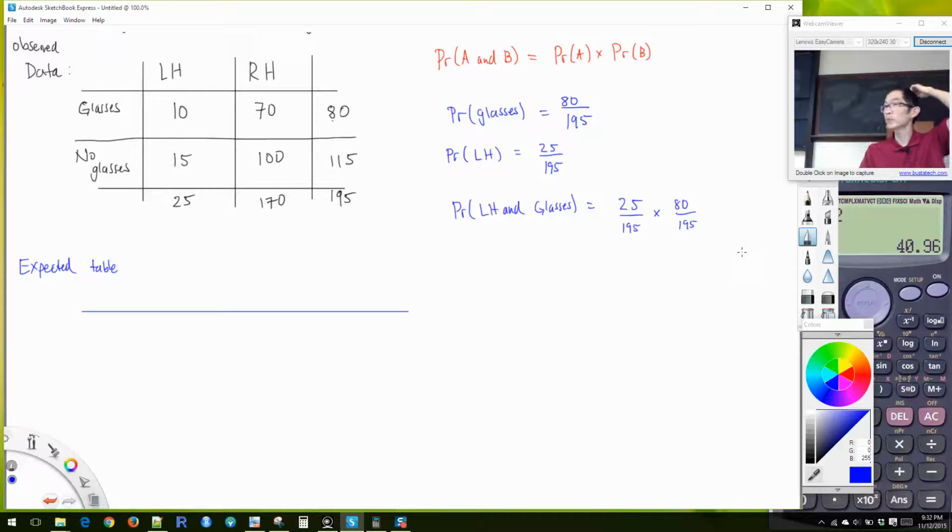Is that okay? So this is what we would expect. This is the expected probability if the null hypothesis were true. Or expected probability if A and B are independent.